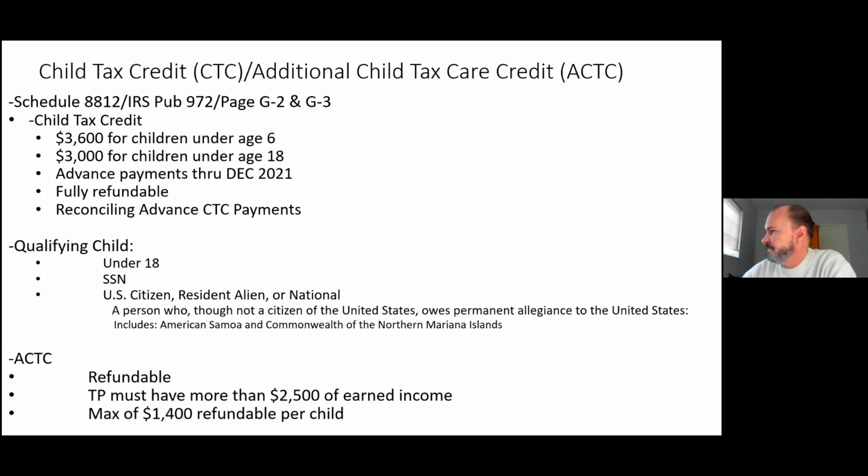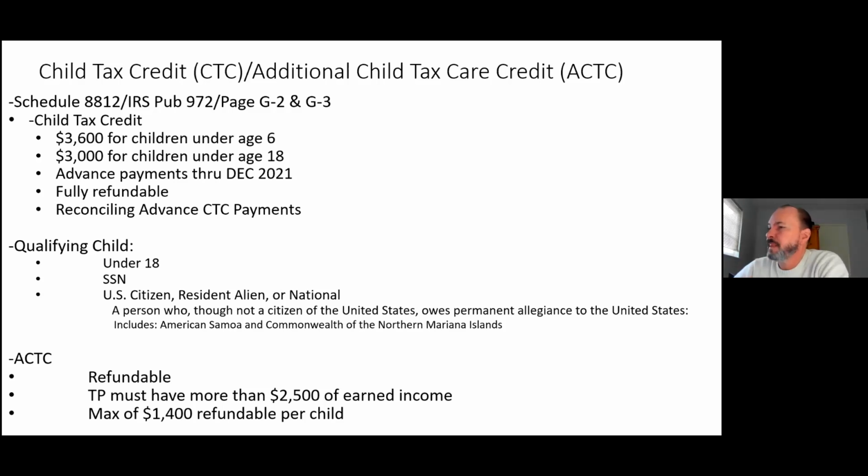The expanded credit means the amounts of the credit for qualifying children will increase for many taxpayers. For eligible taxpayers, the credit is fully refundable, which means that taxpayers can benefit from the credit even if they don't have earned income or don't owe any income taxes.